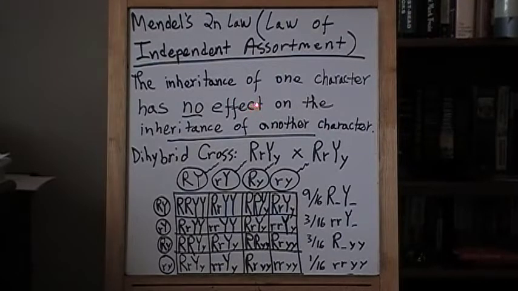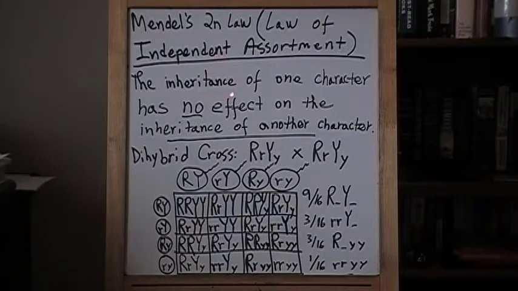Remember in the last chapter we saw the mechanism behind that was the independent orientation of the chromosomes on the metaphase plate. But Mendel didn't know about the metaphase plate or about chromosomes, because he was doing his work in the mid-19th century, and chromosomes weren't discovered until the early 20th century.